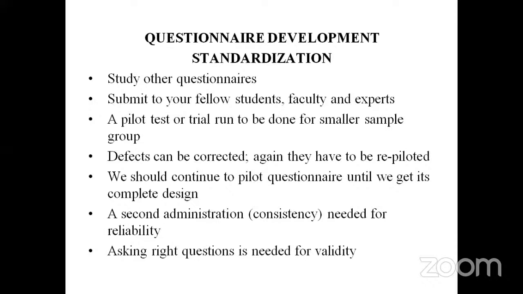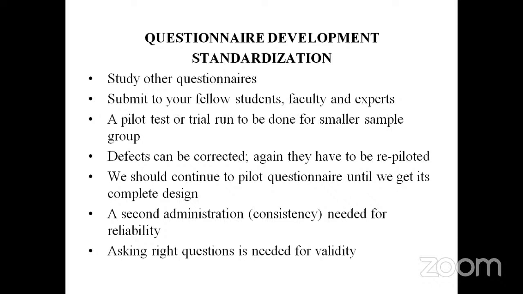And the defects can be corrected. Again, the questions have to be re-piloted. Suppose you need 32, you are sending 60, and you are getting only 20 correct. For the remaining 12, you again have to go for a pilot test, a trial run again.